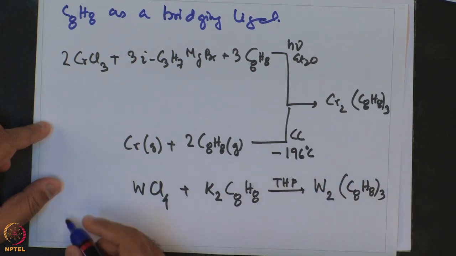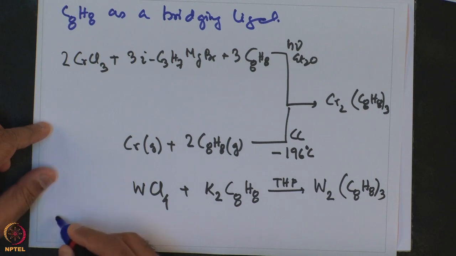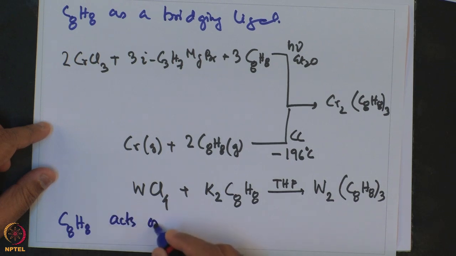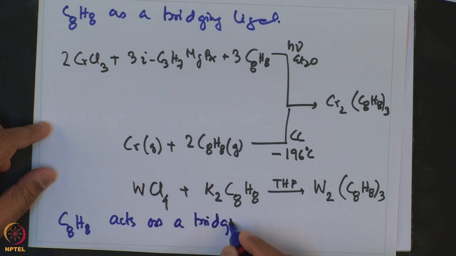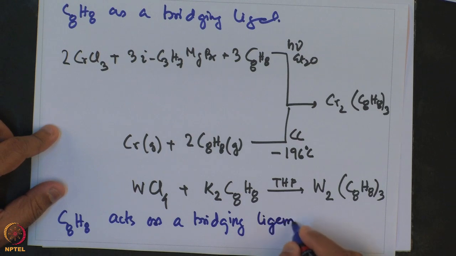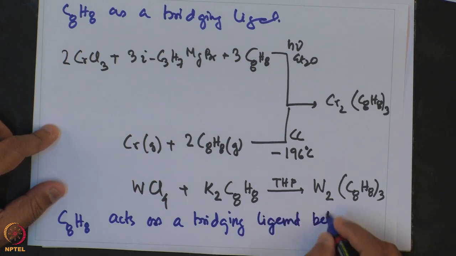So, the interesting thing about these two complexes is that C8H8 acts as a bridging ligand between two metal centers.